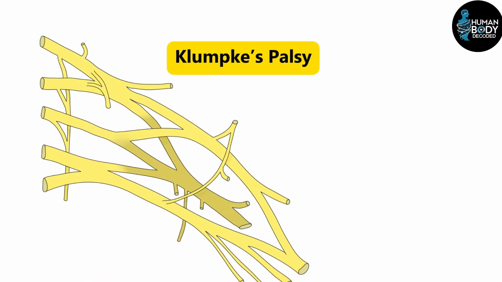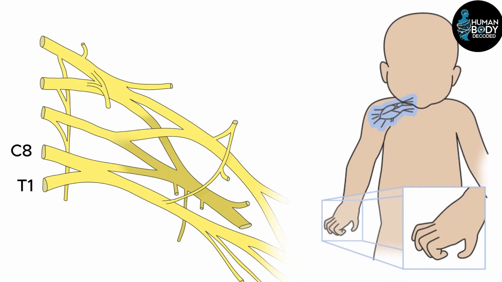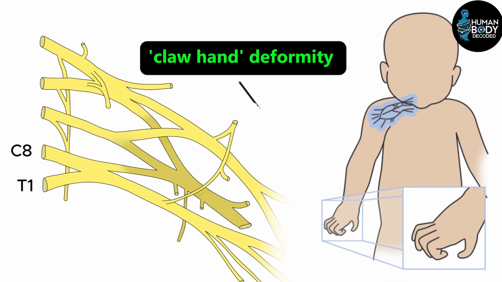Klumpke's palsy. It is caused by damage to the lower trunk, C8, T1, often due to hyperabduction injuries. Patients present with a claw hand deformity due to intrinsic hand muscle paralysis.